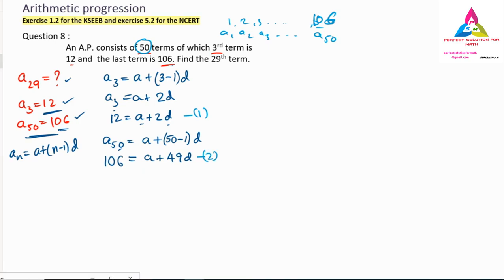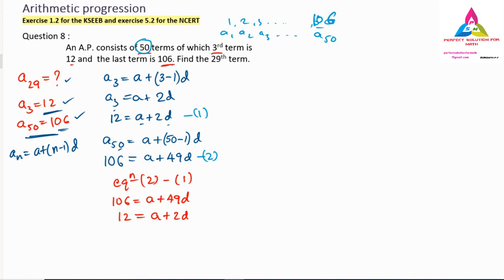The continuation is that we take equation 2 and equation 1 and find the values of a and d. So we subtract: equation 2 minus equation 1. Equation 2 is 106 equals a plus 49d, and equation 1 is 12 equals a plus 2d.